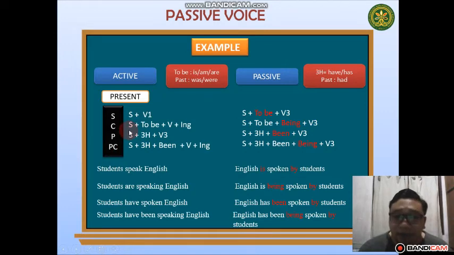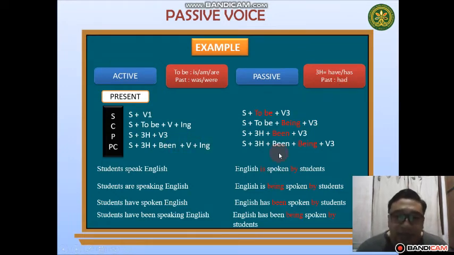So for the present tense, here is the subject plus verb 1, and to be passive is subject plus to be plus verb 3. You have to remember that to be here means is, am, are, but in the past use was or were. You also have to remember the 3h here means have or has, but for the past use had.